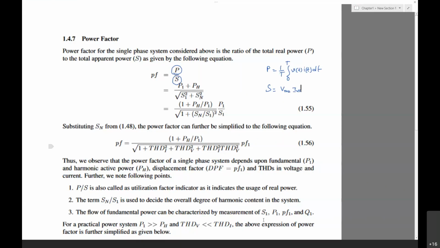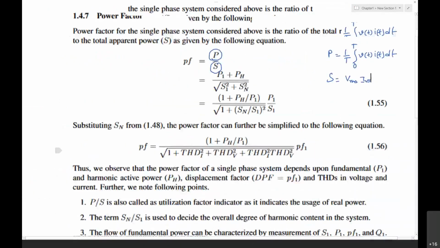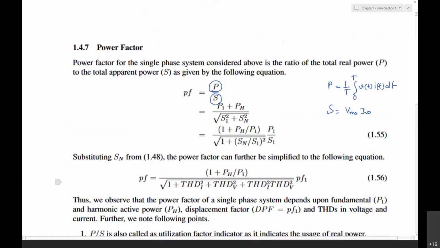Now in this expression, P is equal to P1 plus PH, S is equal to the square root of S1 square plus Sn square. We can take P1 as common over here, giving PH by P1. Here also S1 is common, so now this is P1 by S1. It is nothing but the fundamental power factor or the displacement power factor, PF1.